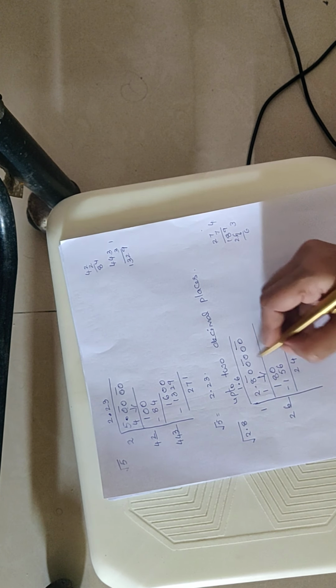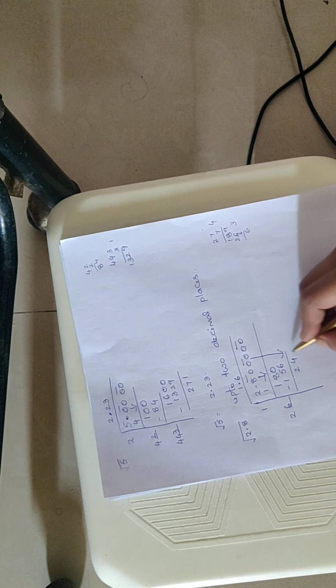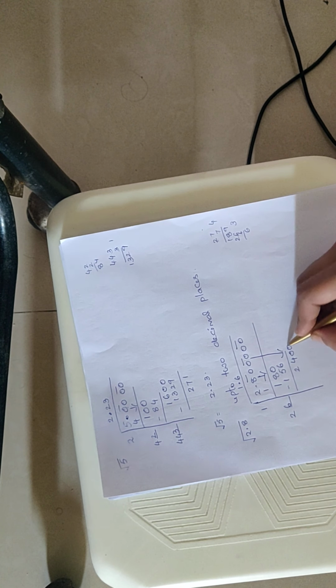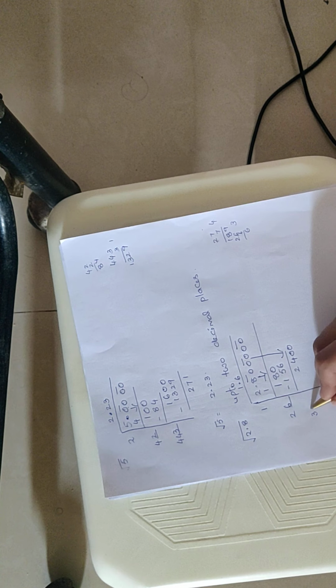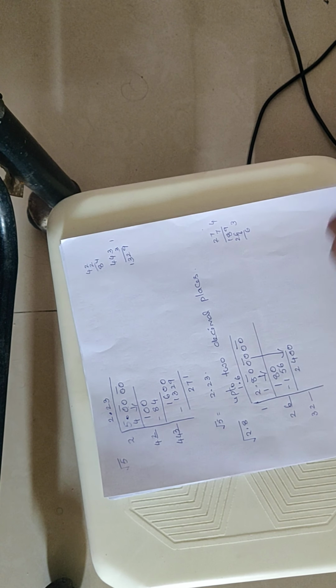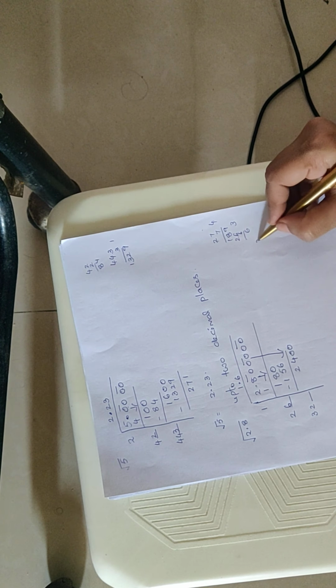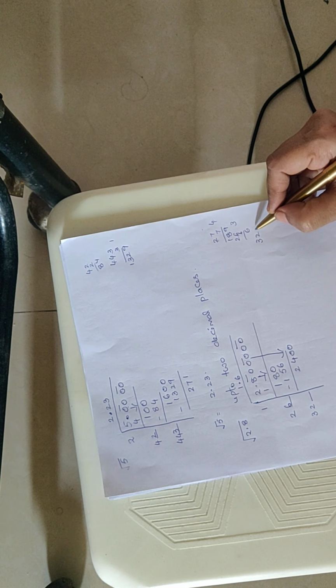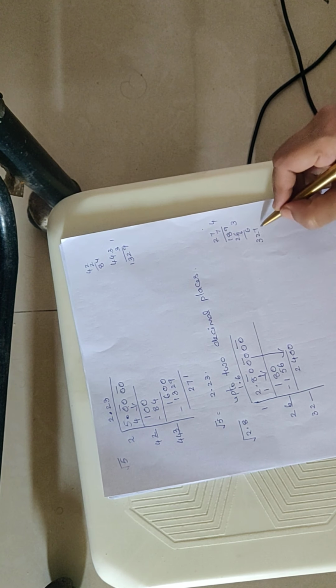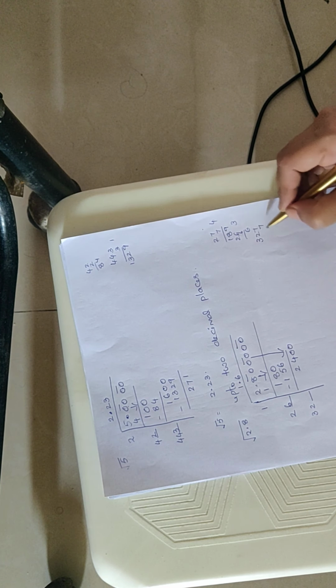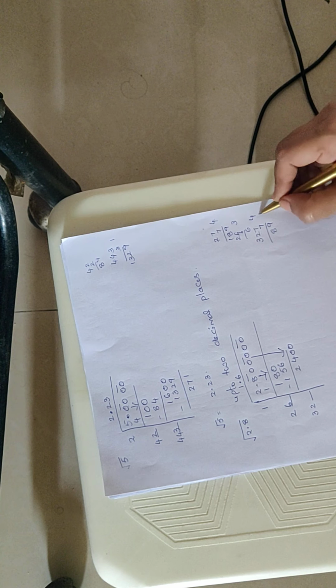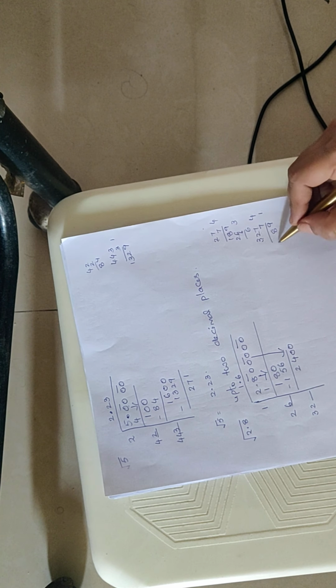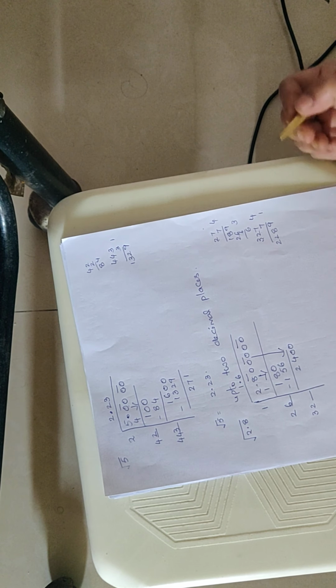7 minus 5, 2. This time 2 more zeros come down. 16 will become 32. Then again place 32. In the bracket, let us put 7 times and see. 7 7s are 49. 7 2s are 14 plus 4, 18. 7 3s are 21 plus 1, 22.